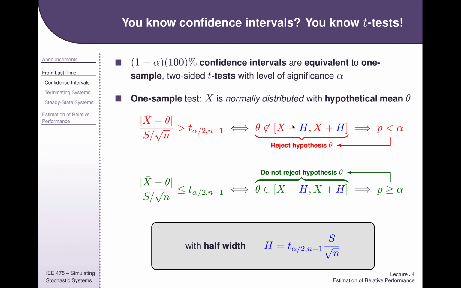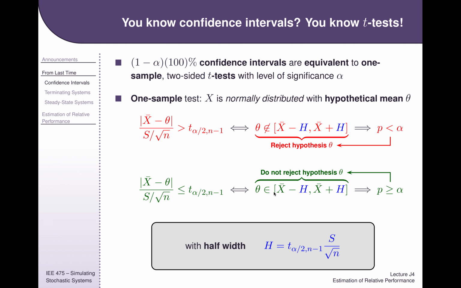If the hypothesis is outside the confidence interval, then you know that the p-value is less than alpha. If the hypothesis is inside the confidence interval, then you know the p-value is greater than alpha.